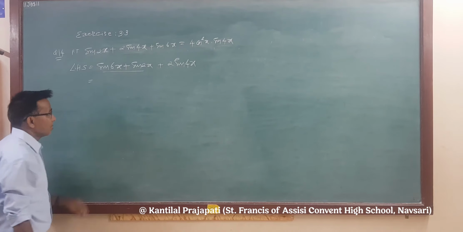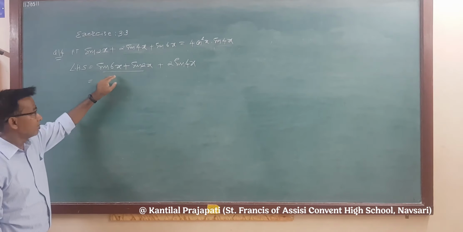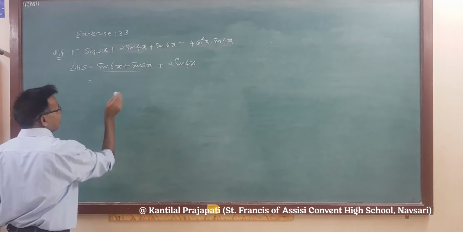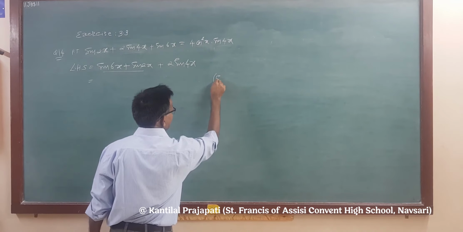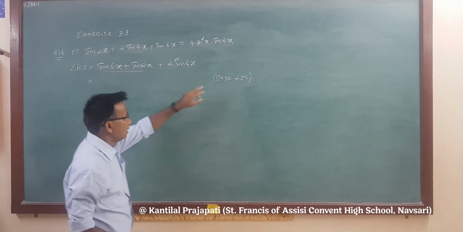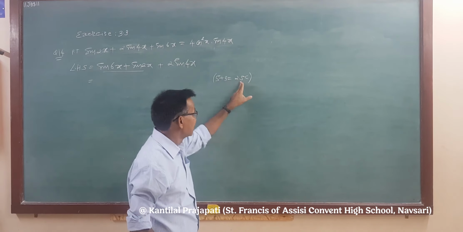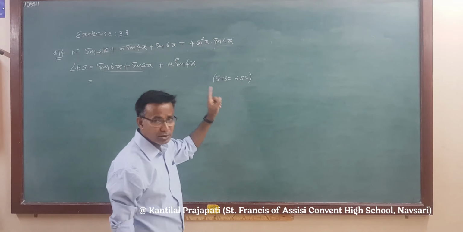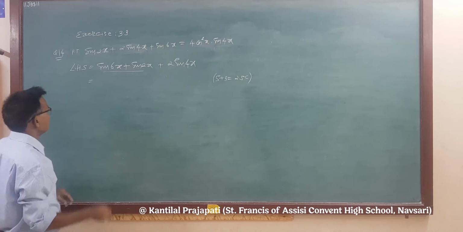Now this sin plus sin represents sum as a product. So what is sin plus sin? Sin plus sin, remember this, is equal to 2 sin cos. Right? And sum is represented as product, then sum of angle and subtraction of angle must be divided by 2. You have to remember this.